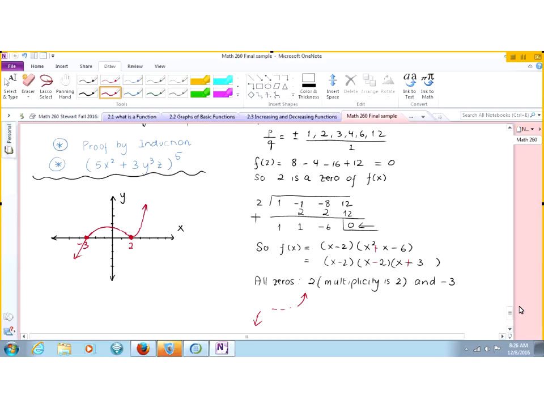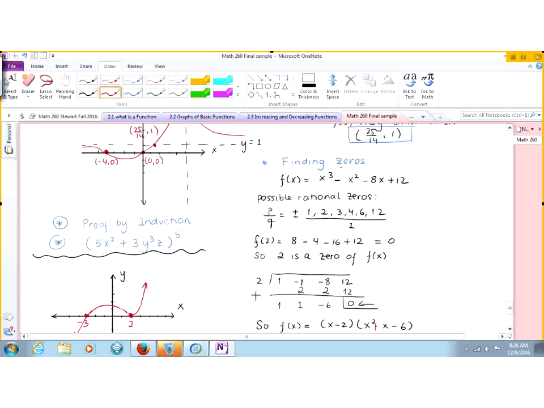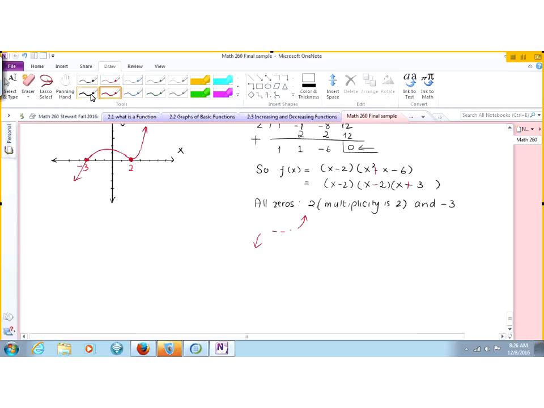Do you remember the oblique asymptotes? How do you find the equation of oblique asymptotes, and when do you have them? Case 3, yes.